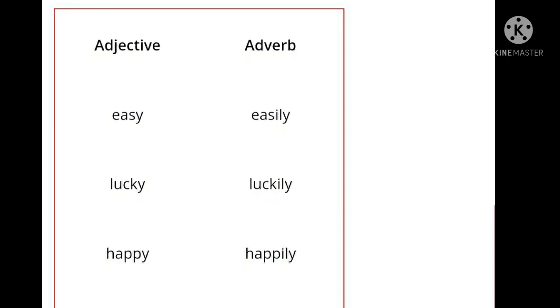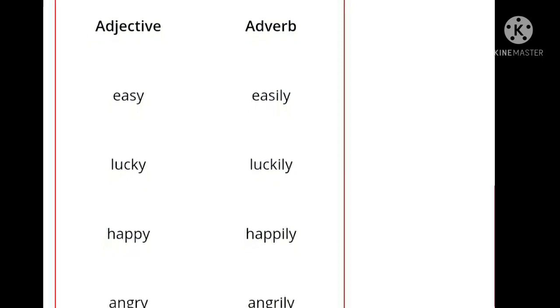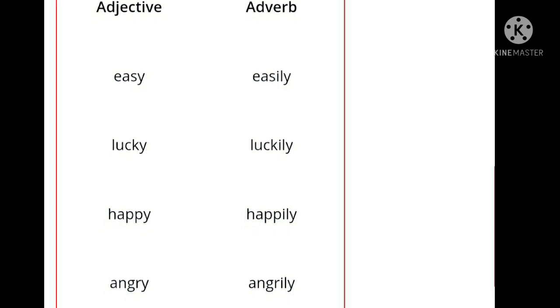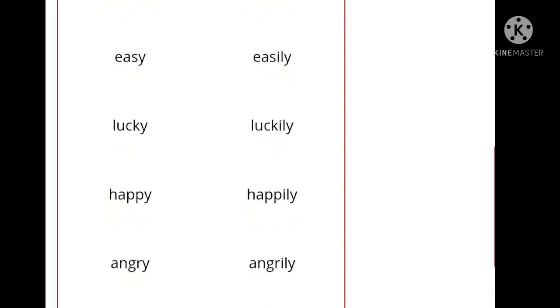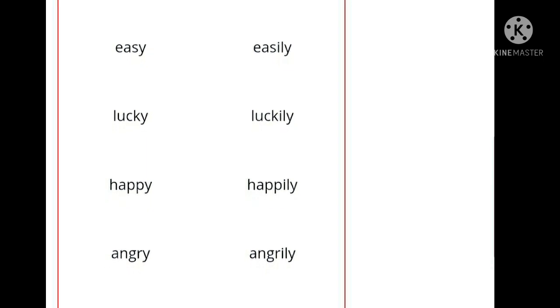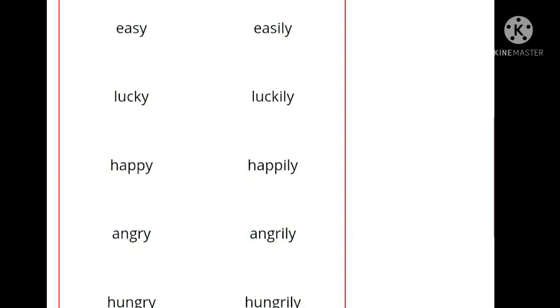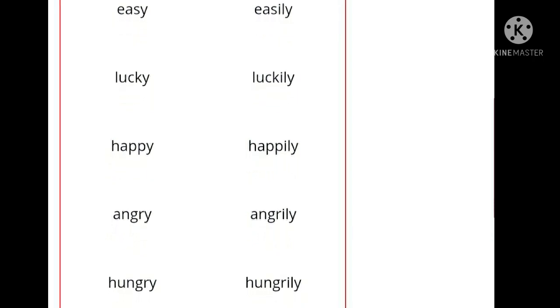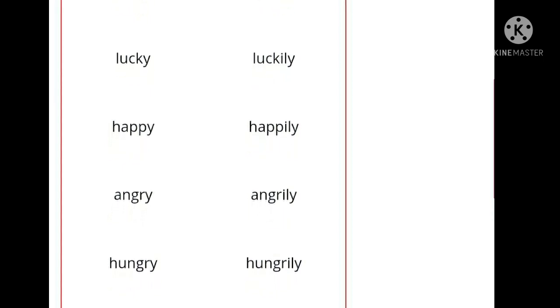Second example, lucky, where you can see the consonant y. You remove it and replace it with i and then ly. It becomes luckily. Another word is happy, where you replace y and add i and then ly. It becomes happily.